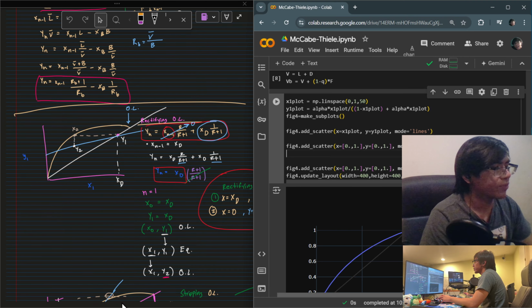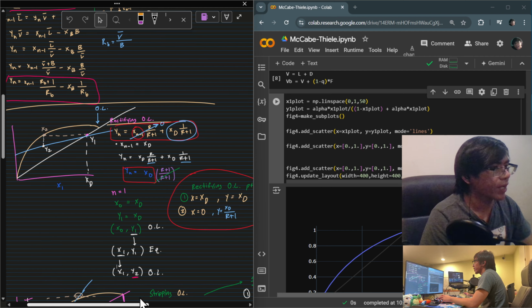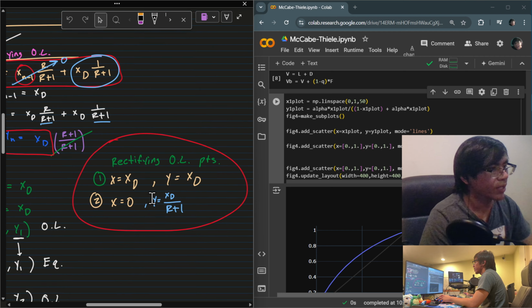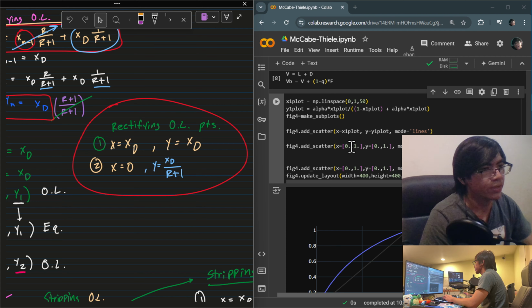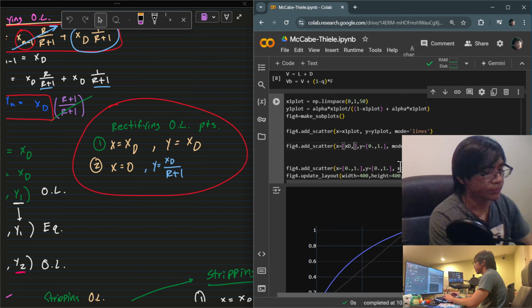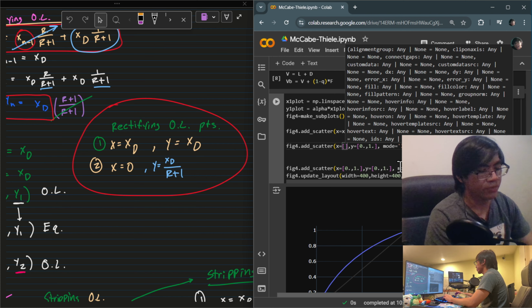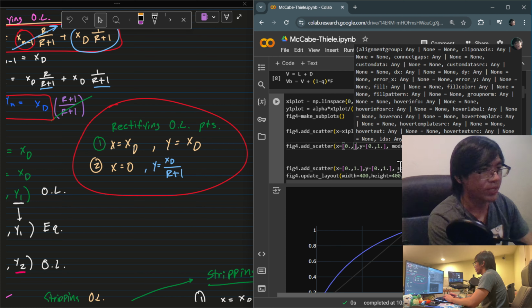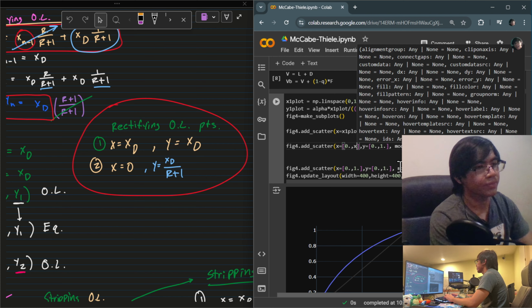Here we go. So for rectifying, we had points that we derived from our expressions here. X was equal to xD, and the other x was 0. I think zeros should actually go first. Lower range, xD.